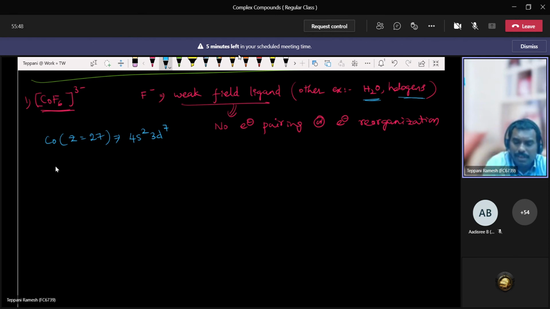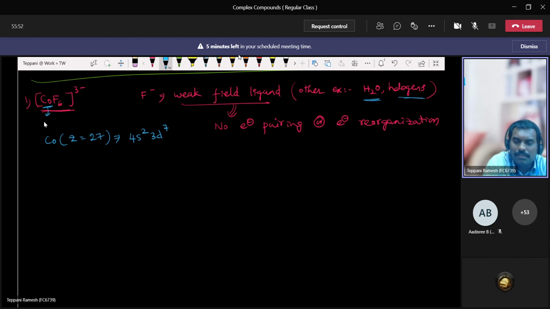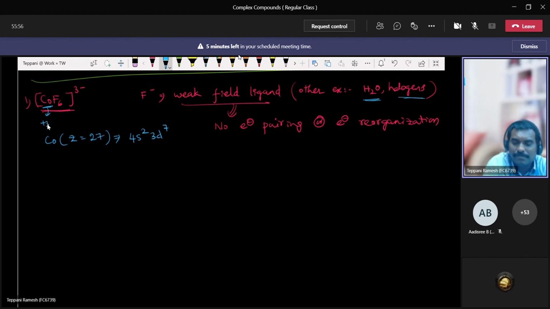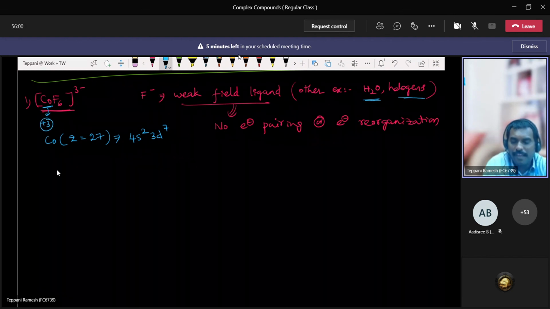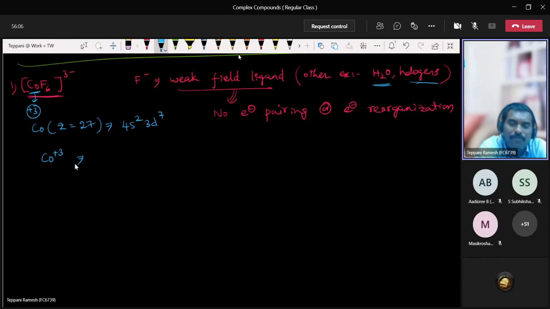Fourth. Here, what is the oxidation state of cobalt? +3. Then cobalt +3. From where do I have to remove the electron? 3d or 4s? 4s, sir.